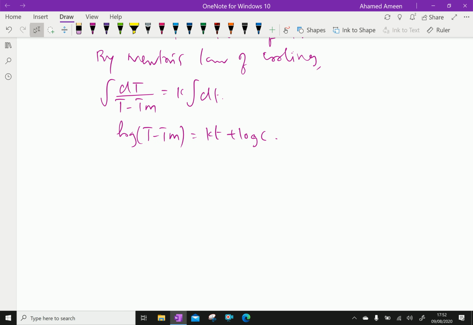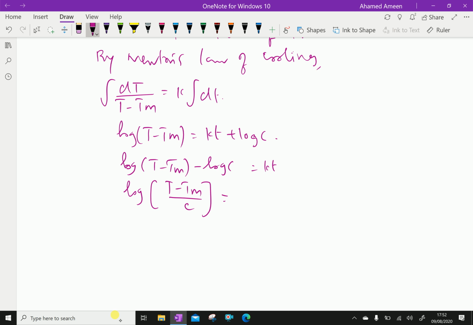Now log of T minus Tm minus log c equal kt. Log of T minus Tm over c equal kt.